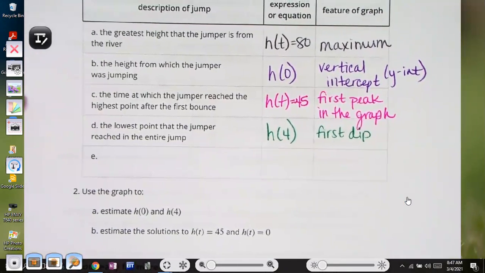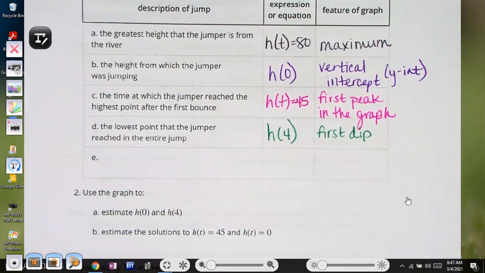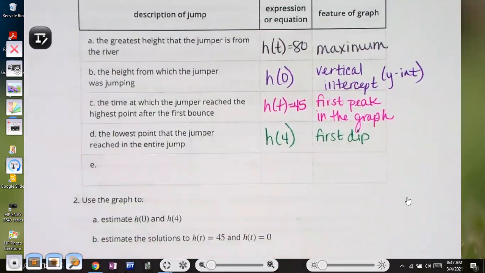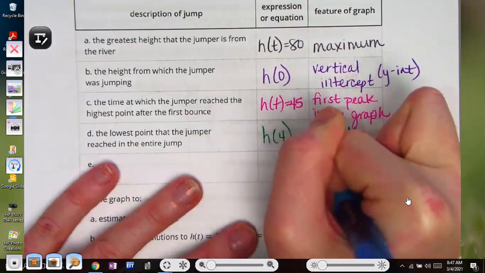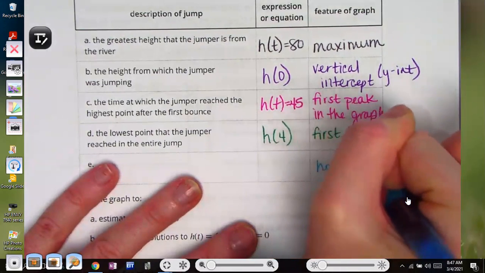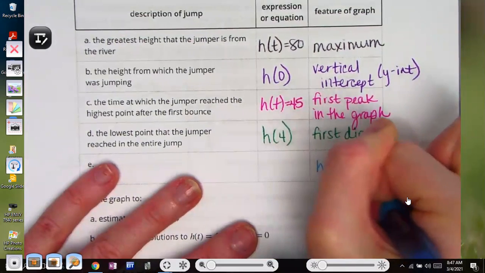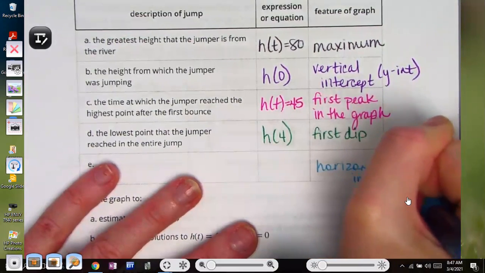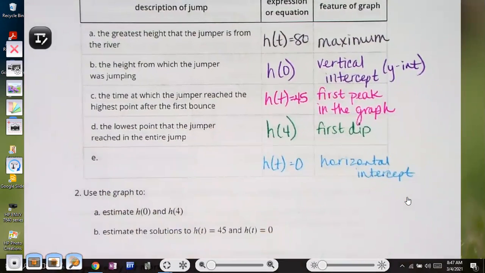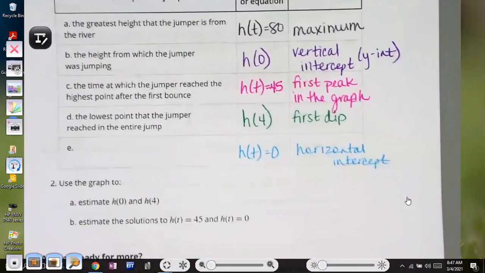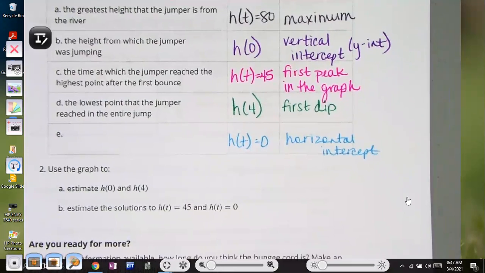What is the only expression that was not used? The horizontal intercept, which was h of t equals 0. Let's describe what's happening here.